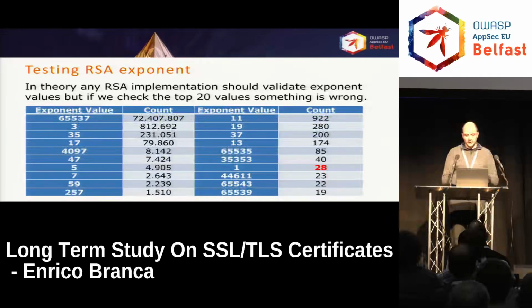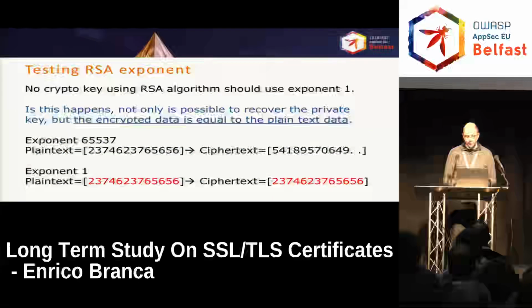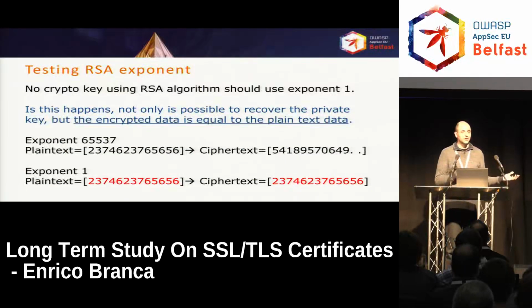Now, again, we shouldn't have anything that uses the number 1. As soon as I get the exponent and I see that something is strange, in this case, exponent equal to 1, 28 certificates had this problem. Exponent equal to 1 means that the ciphertext, what is encrypted, is exactly the same as what is not encrypted.